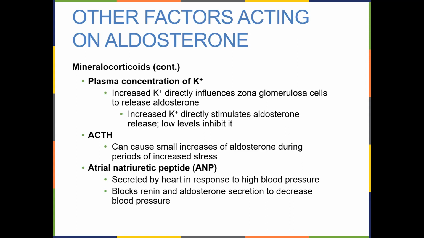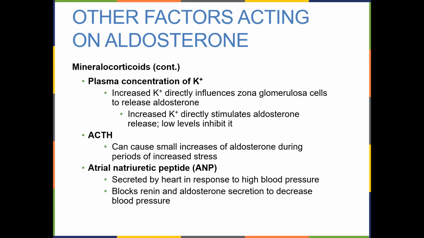Because for every sodium that aldosterone retains, we have to kick out a potassium in our kidneys. So we can regulate our potassium levels by increasing aldosterone. That's not a bad thing. ACTH, we get stressed, so we secrete adrenocorticotropic hormone from the pituitary gland, and we release a little aldosterone there.